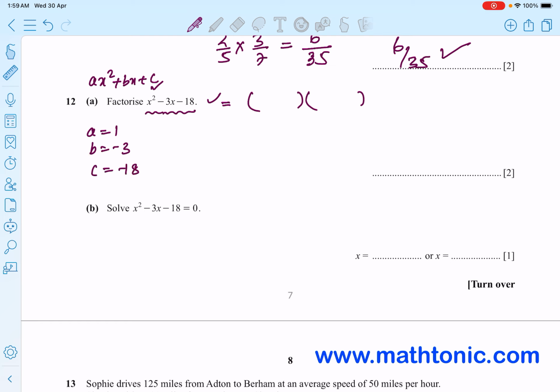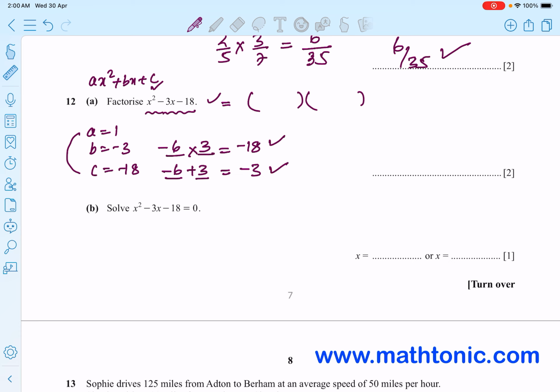Got it? So we have to find two numbers whose product will be ac, that is 1 times negative 18, that is minus 18. And the same two numbers, when added, should give b, which equals minus 3. Did you get it? So for this, I can write minus 6 times 3 and minus 6 plus 3 equals minus 3, and minus 6 times 3 becomes minus 18.